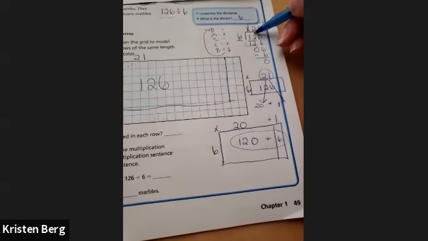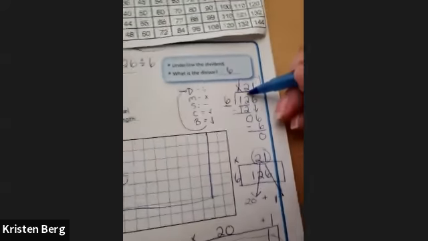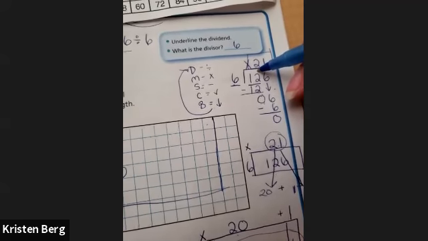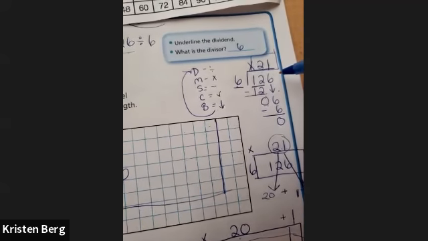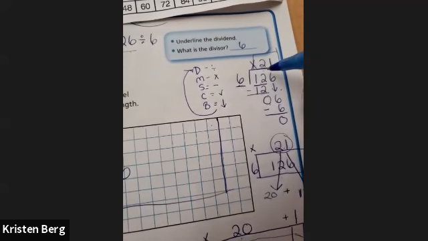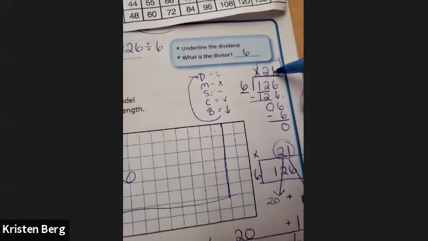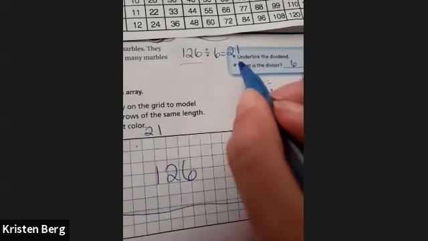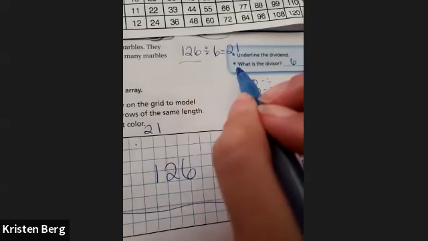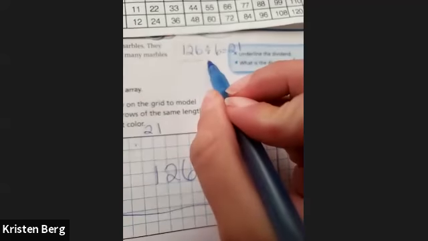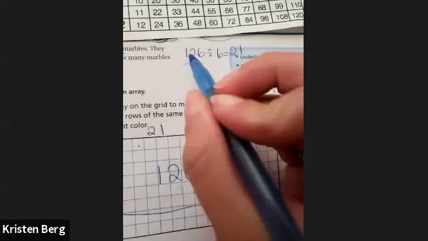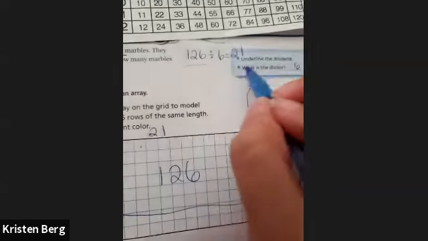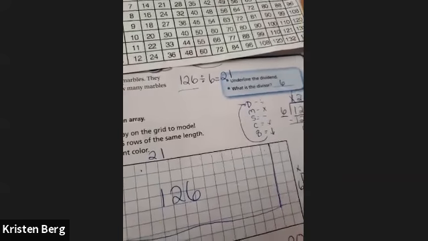And then once you find that answer, I want you to understand that you can do the opposite to check that problem. So here, we found out that the answer to this was 21. So the opposite, the inverse of this would be a multiplication problem. So I wanted you to come up with a multiplication problem using these three numbers to check it to see if you are correct.